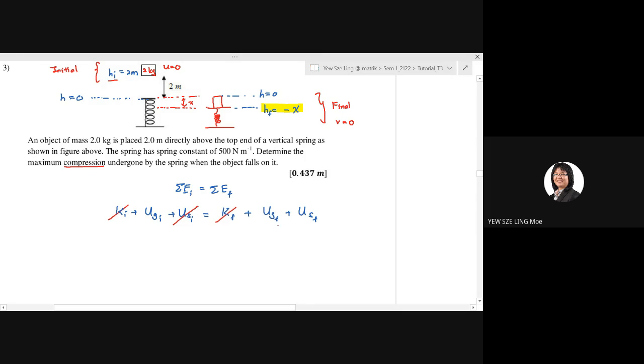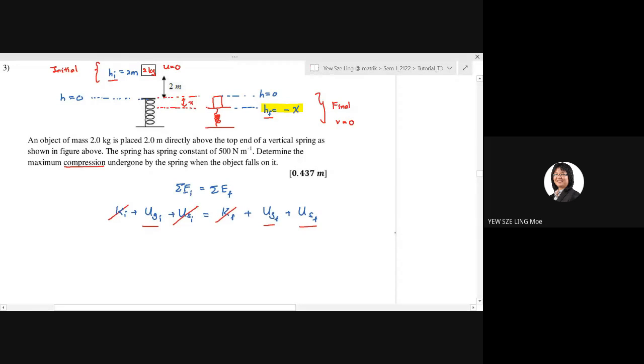And then at the final position, my H final again is a non-zero value, and in fact it is a negative value. So you just keep it in the equation, and now it involves compression, so of course there is elastic potential energy. After I simplify the equation, I just have UG initial, UG final, and US final left.